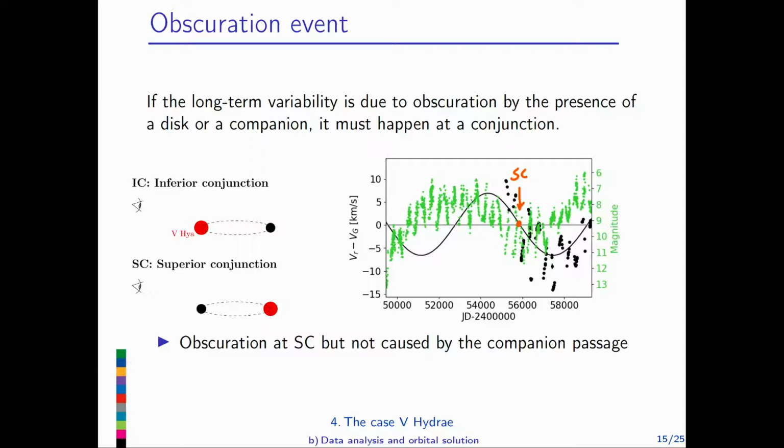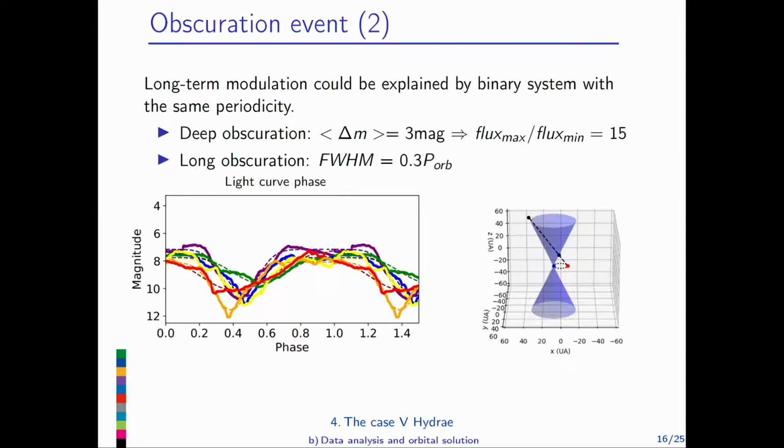So the most simple explanation for the dimming event in the light curve would be that the companion simply eclipsed the star, but that's not the case. That's not really possible, because if we look at the shape of the light curve, here you have a representation of the light curve in a phase diagram, where each color corresponds to a different orbital cycle.